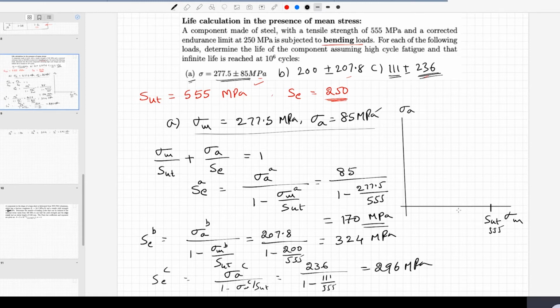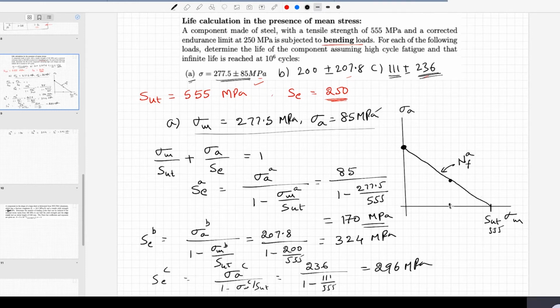Sigma M is 277.5, that is halfway, somewhere here, and 85. So let us say this is the point. That is the failure point, right? So then you need to join these lines, and this is the value that corresponds to a particular number of cycles, NF here.